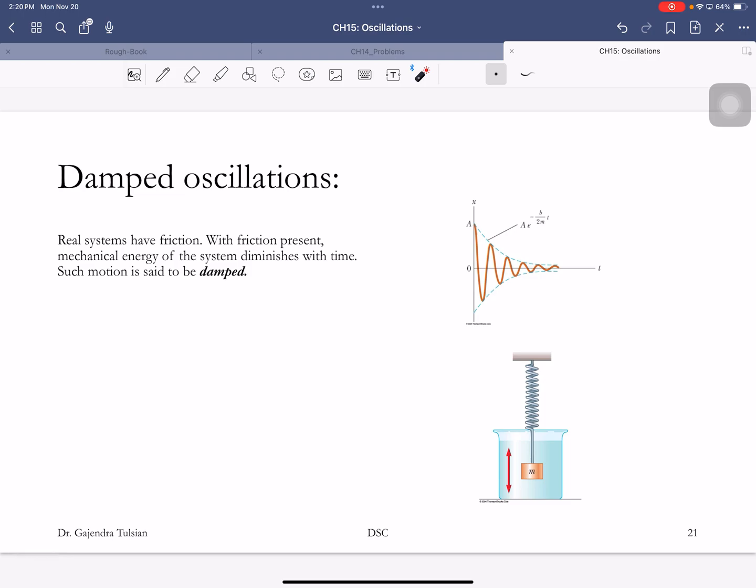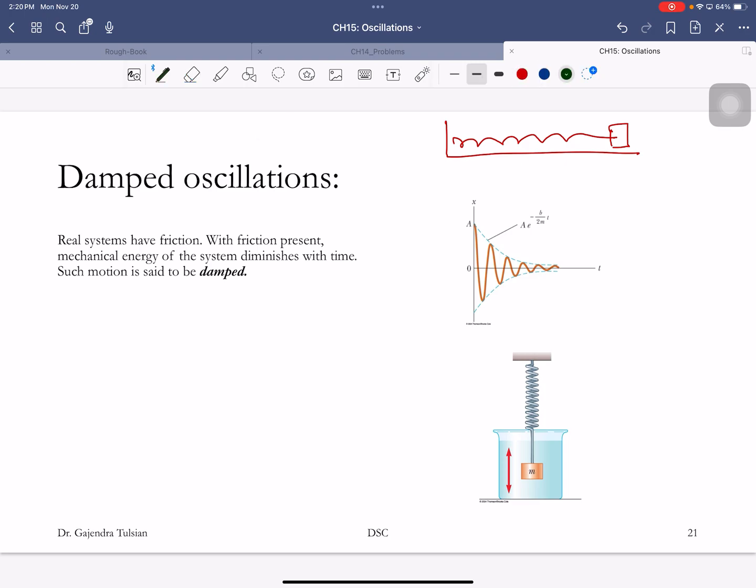All right, so now we're ready to do something slightly more complicated. Okay, in real life there is friction, so we're going to add friction. Okay, so for a system where there was no friction, here was the differential equation.